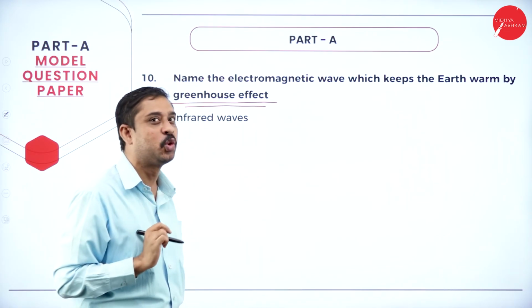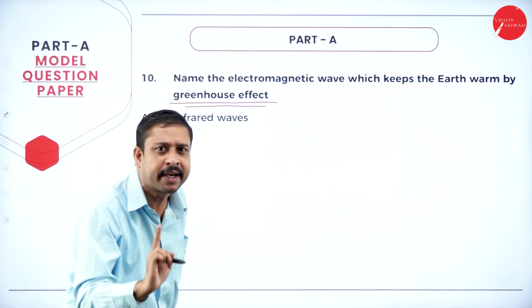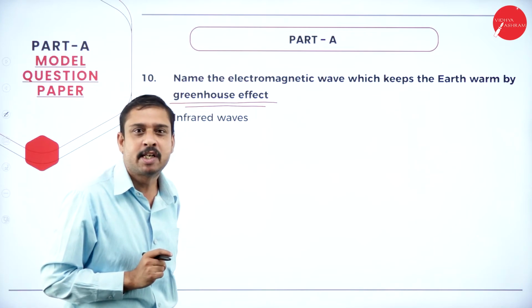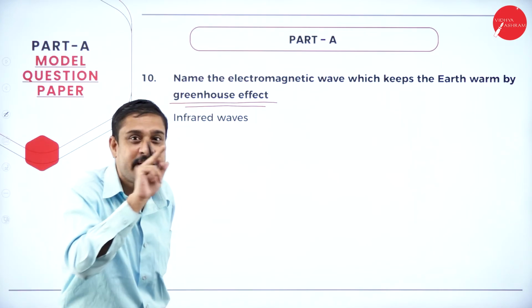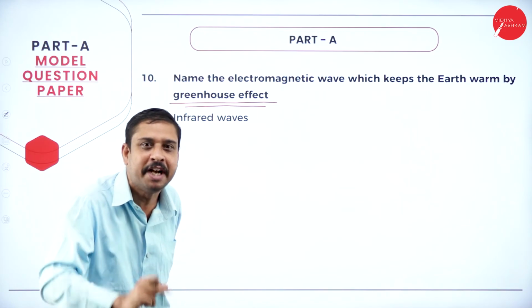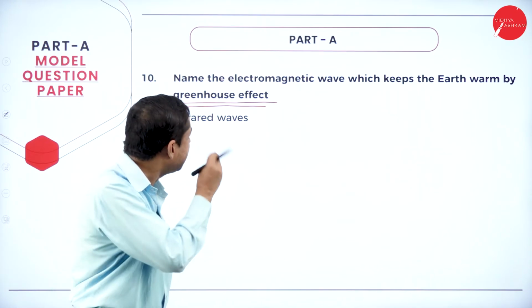Name the electromagnetic wave which keeps the earth warm by greenhouse effect. This is what I said in the beginning. Especially when it comes to 1 markers or 2 markers from the chapter electromagnetic waves, 7 types of electromagnetic radiations we specified. You should know the applications. Here there is no logic.